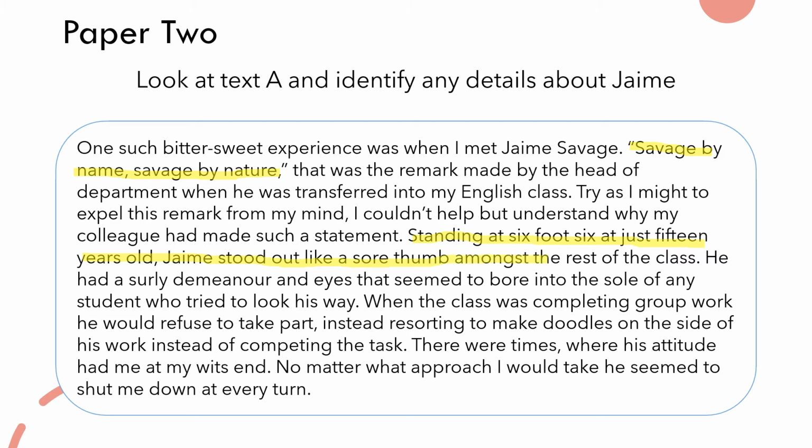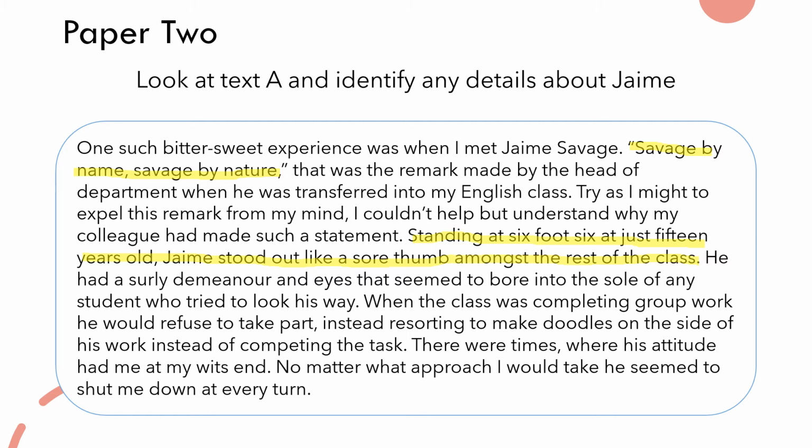This is actually a strange thing to point out because the first thing we said about Jamie was that he was a savage, which means he's probably going to be aggressive or quite a violent student. However, this makes him seem like he might be a figure of ridicule. He might look quite different and unusual compared to other people in the class, and it might mean that he is someone who might be bullied or pointed out for being different as well.